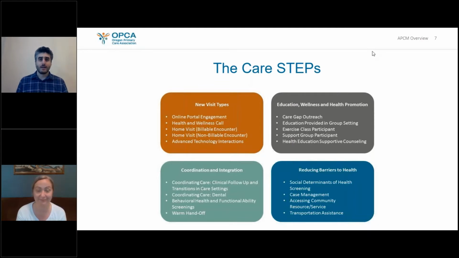For coordination and integration, I'm definitely going to highlight coordinating care, clinical follow-up, and transitions in care settings. This is a real emerging program across FQHCs. It's a big part of our value proposition as a site, allowing us to partner with hospitals and payers and figure out how to bring down the total cost of care by helping patients transition out of the hospital setting more smoothly and reintegrate into their primary care home.